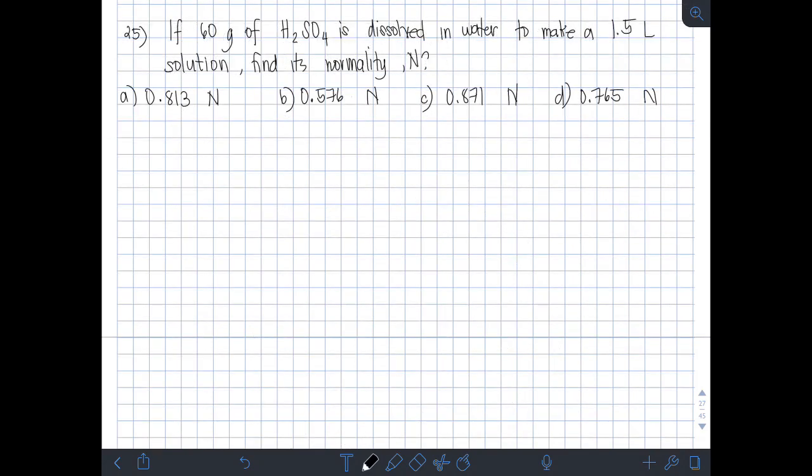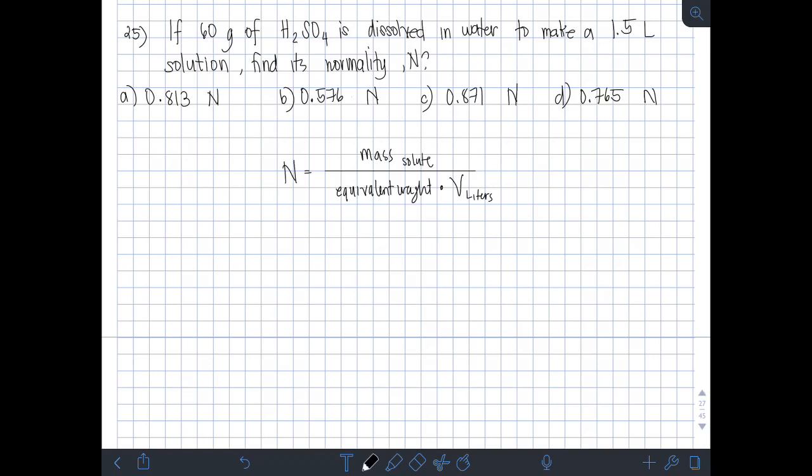Next, we have: if 60 grams of H2SO4 is dissolved in water to make a 1.5 liter solution, find its normality N. We have a formula for normality, denoted by N, as the mass of the solute divided by the equivalent weight of the solute times the volume of solution in liters.